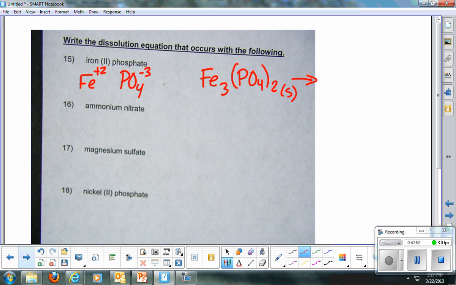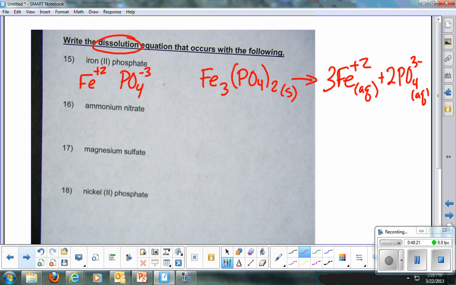When I'm doing a dissolution reaction, I go from my solid to my ions. How many ions did I say I needed of Fe? 3 Fe, and they were +2, and since they got an ion charge, they're aqueous. How many phosphates did I need? 2, so I put 2 PO4 has a -3 charge, and guess what?